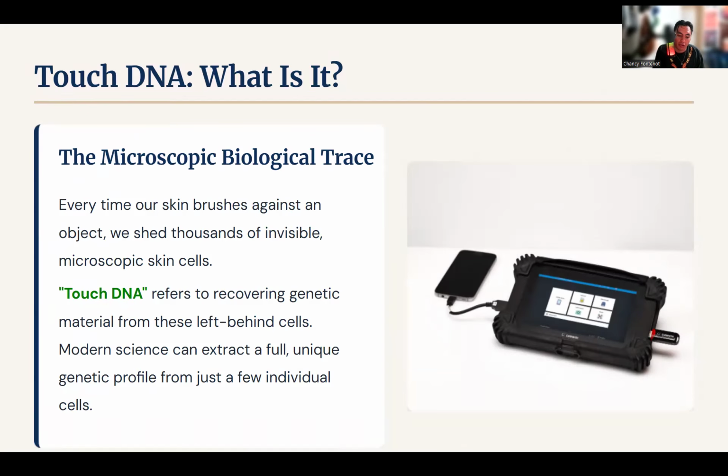Every time our skin brushes against an object, we leave behind thousands of invisible cellular traces. What makes this technique a game changer is its hypersensitivity. Modern laboratories don't need a massive bodily fluid sample, as they can just extract a full courtroom-ready genetic profile from a tiny cluster of left-behind cells.